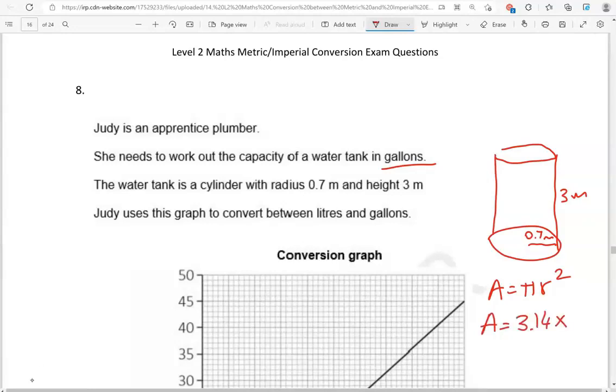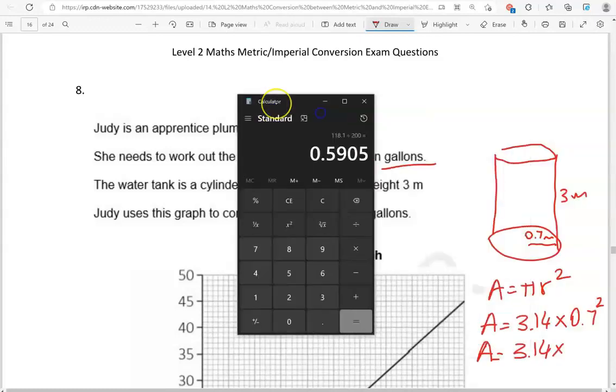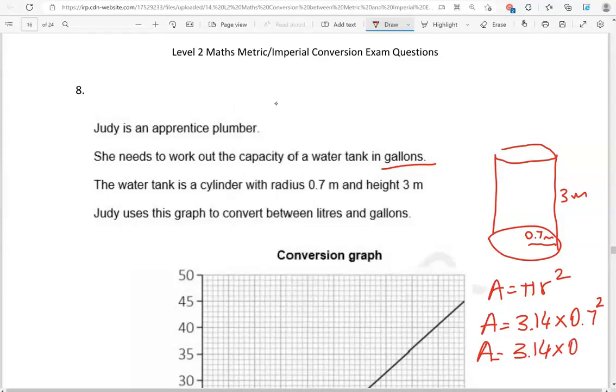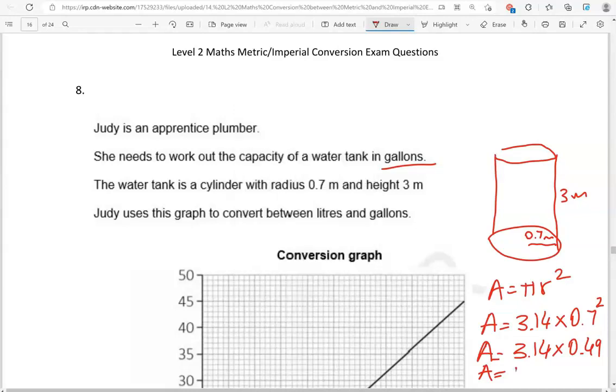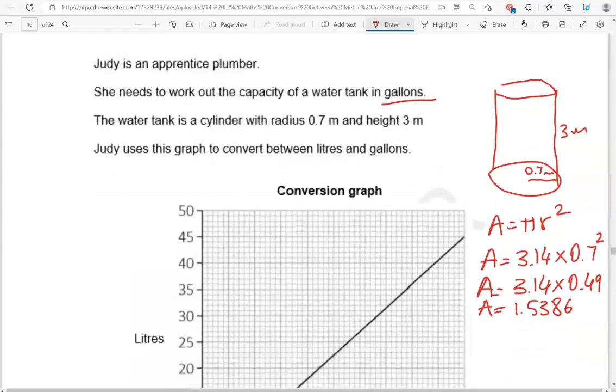And the radius is 0.7, so we'll need to square that. 0.7 squared is 0.49, so we'll do 0.49 times 3.14, which is 1.5386. That is the area of the circle.